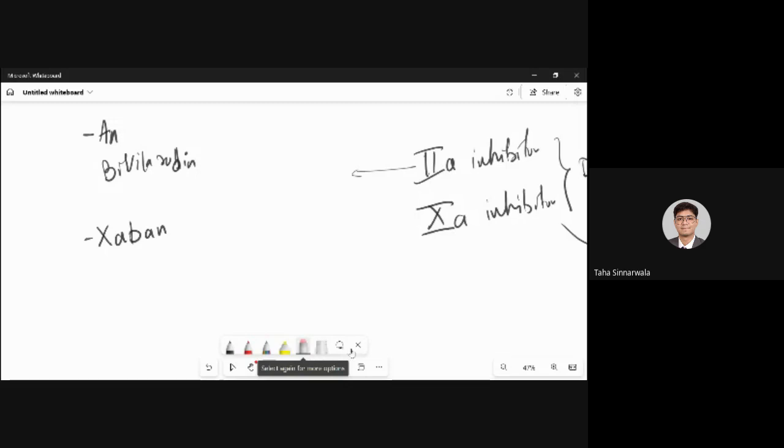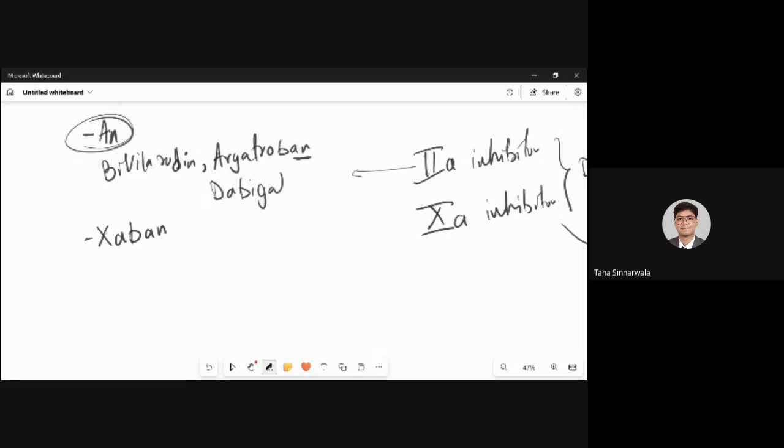Yeah, but the medications are bivalirudin and argatroban for 2A, and then you can remember the AN as we mentioned. You have dabigatran, so it has an AN at the end.